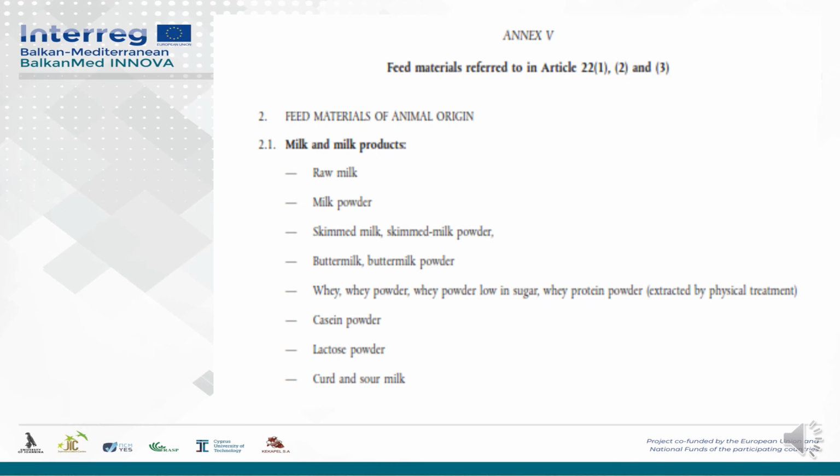Now, let's present the feed materials of animal origin, that are milk and milk products like raw milk, milk powder, skim milk powder, buttermilk powder, whey powder, and so on, casein powder, lactose powder, curd, and sour milk.